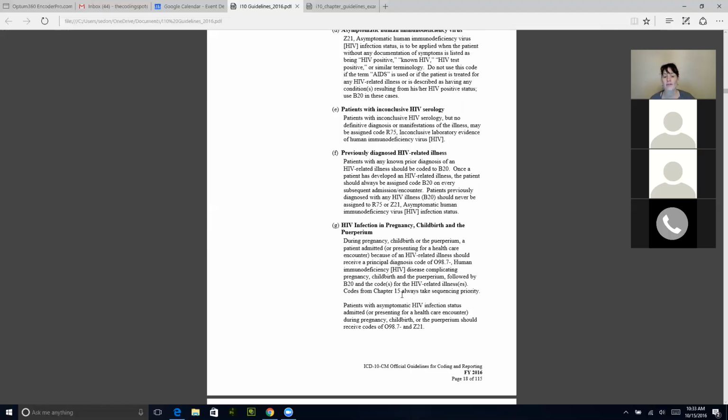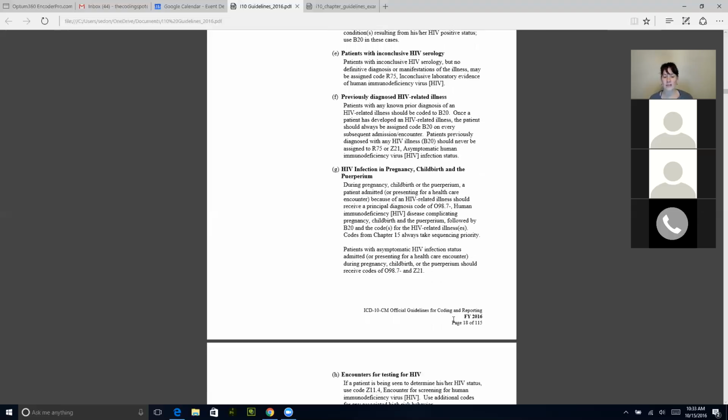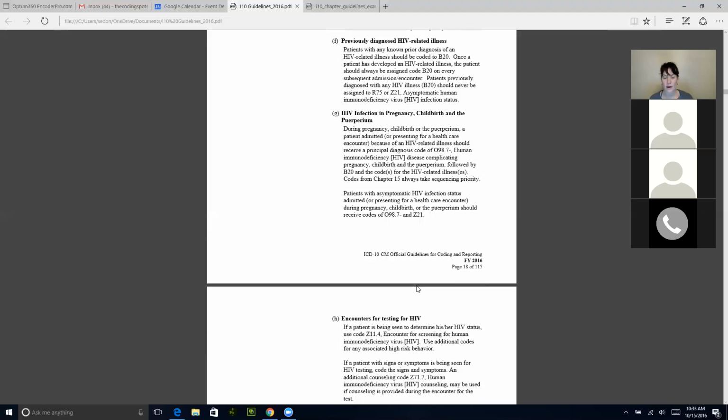Codes from chapter 15, and you can highlight this, although we'll cover it when we get into chapter 15, always take sequencing priority. Patients with asymptomatic HIV infection status admitted or presenting for a healthcare encounter during pregnancy, childbirth, or the puerperium should receive codes O98.7 and Z21.